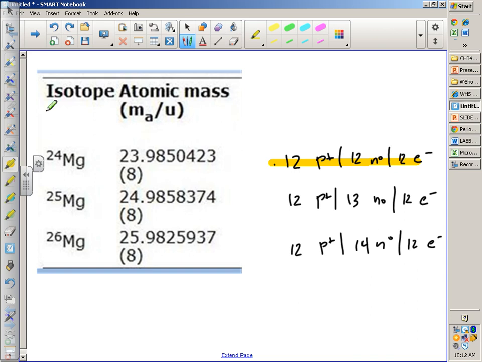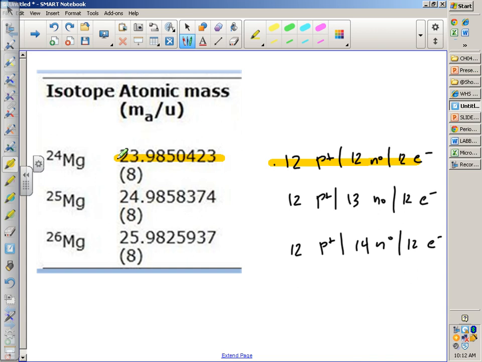But when we look at its atomic mass, what do we see? Is it twice as big as carbon-12? Nope. If it was, what would its number be? 24. It's not 24. Why? Just isn't. That's measurement stuff.